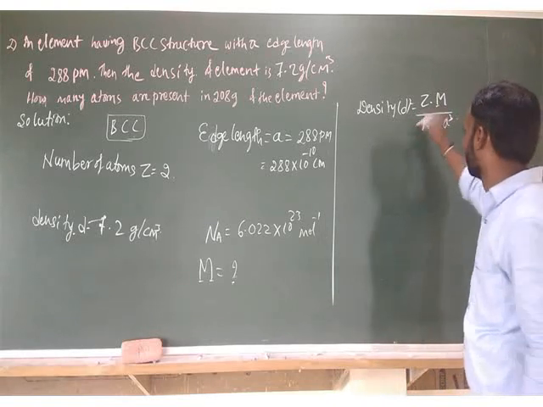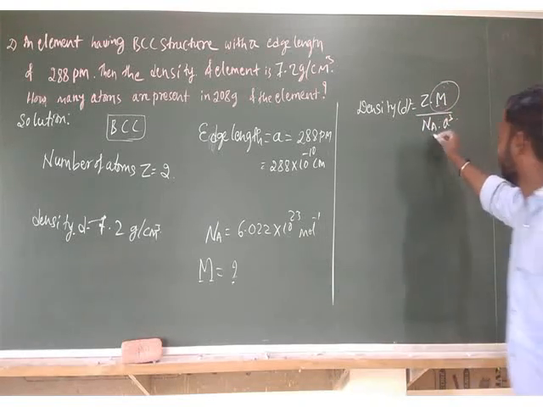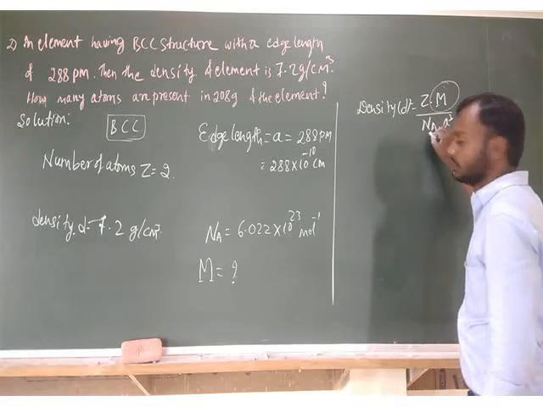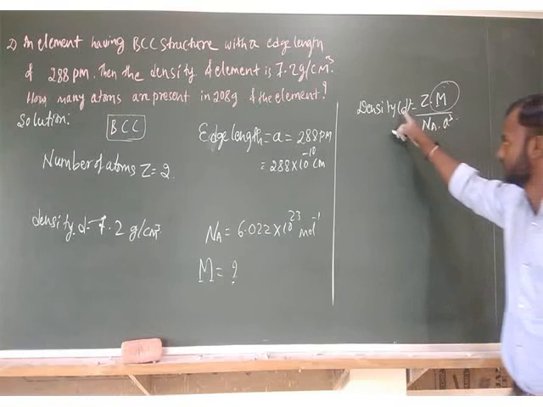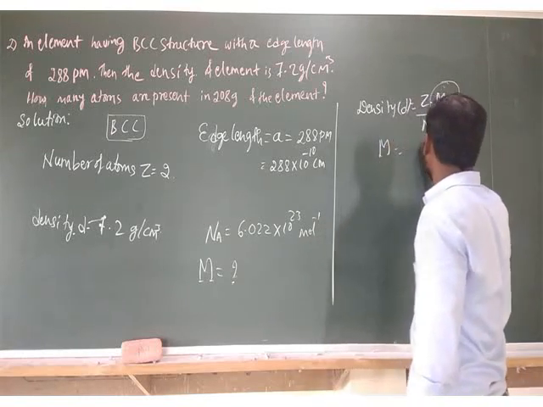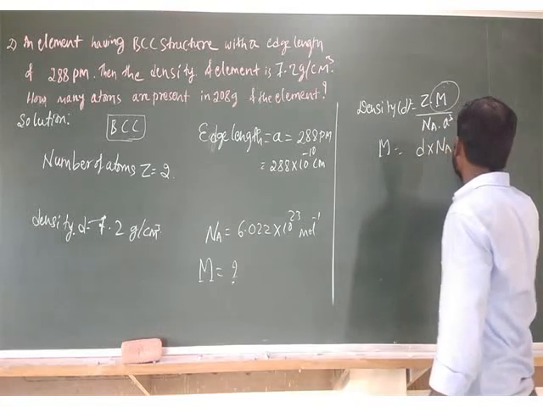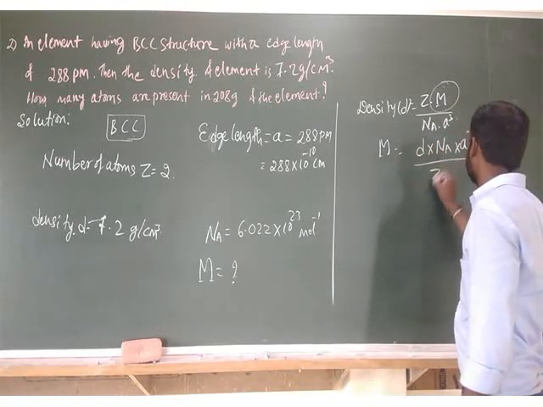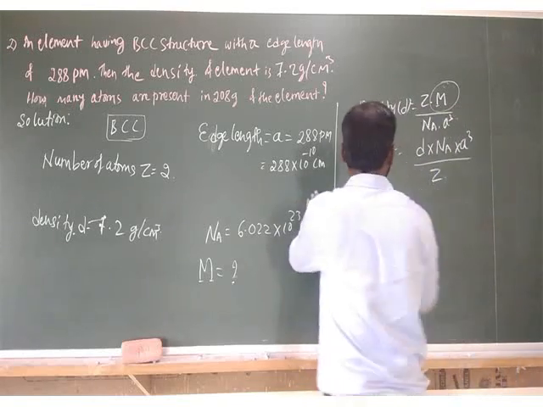Now we are going to calculate this M value, so we bring Avogadro's number as well as a cube to this side. Therefore, capital M is equal to D into Na into a cube, whole divided by Z.